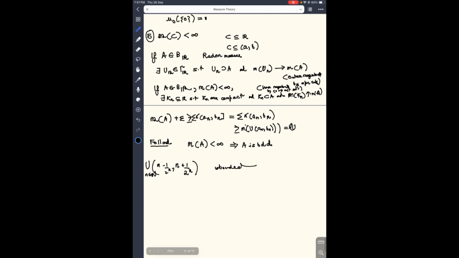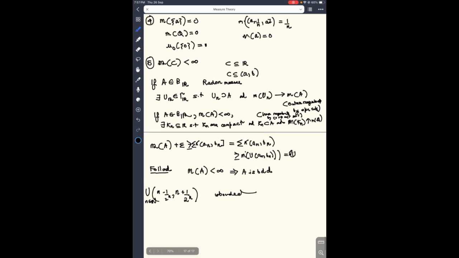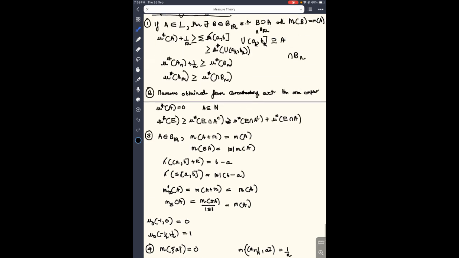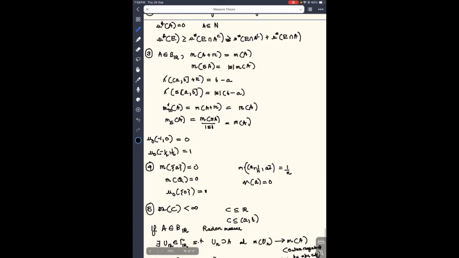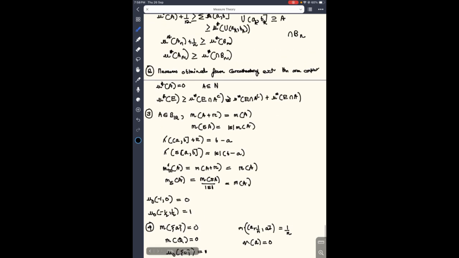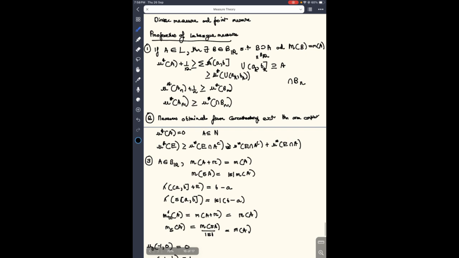So here we investigated some properties of Lebesgue measure. I have to check whether Lebesgue-Stieltjes measures are also Radon measures. Probably they are not. Now this gives us a complete overview of what kind of measure Lebesgue measure is. It enjoys some nice properties like inner regularity. It's a Radon measure.